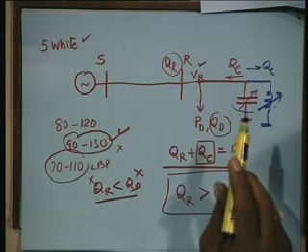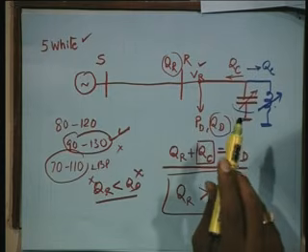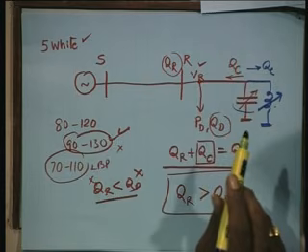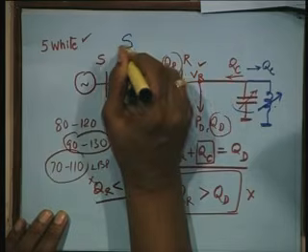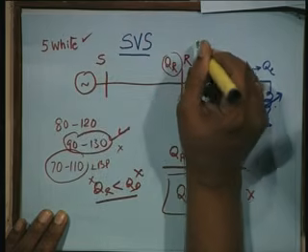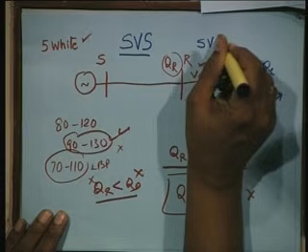Now to control thyristor means you have to control firing angle. How do you control firing angle? Through computers, through microprocessors, and hence this gets automatically controlled, and the whole system is called SVS, static var system, or SVC, static var compensation.